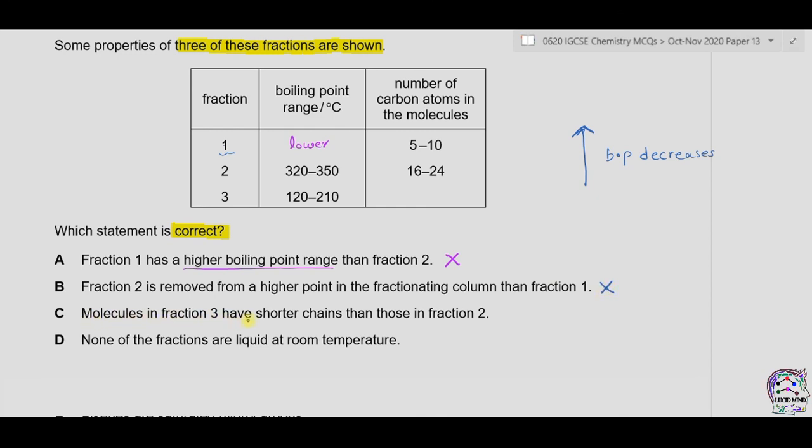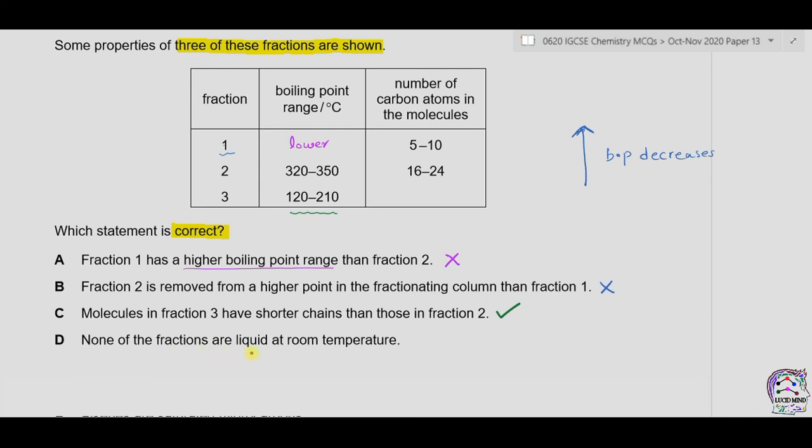C. Molecules in fraction 3 have shorter chains than those in fraction 2. As we can see that the boiling point of fraction 3 is less than fraction 2, it means that molecules in fraction 3 would have shorter chains than in fraction 2. So this statement is correct. Shorter chains produce low boiling point as compared to longer chains.